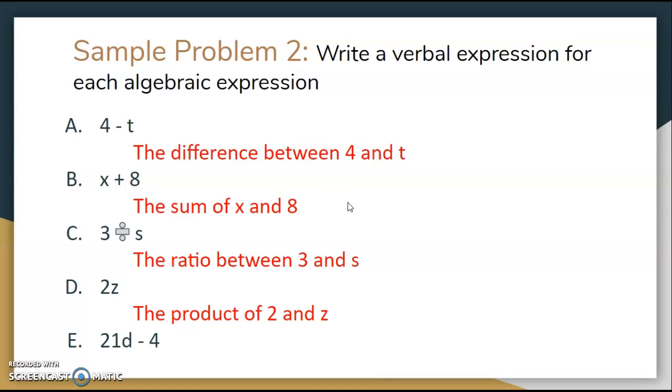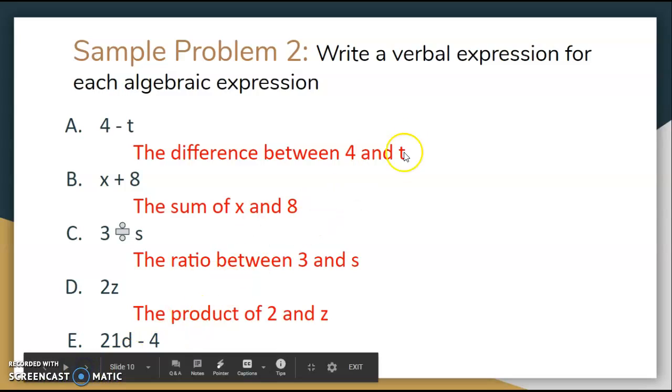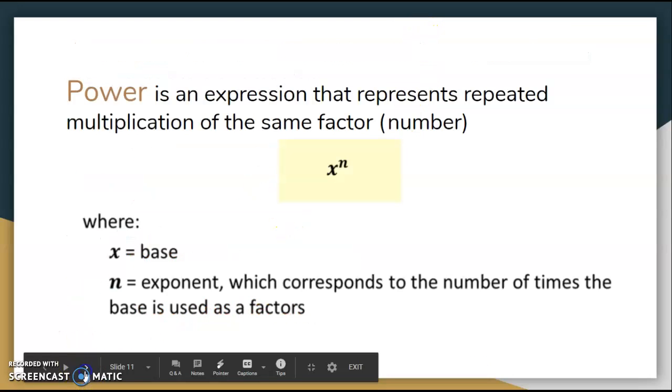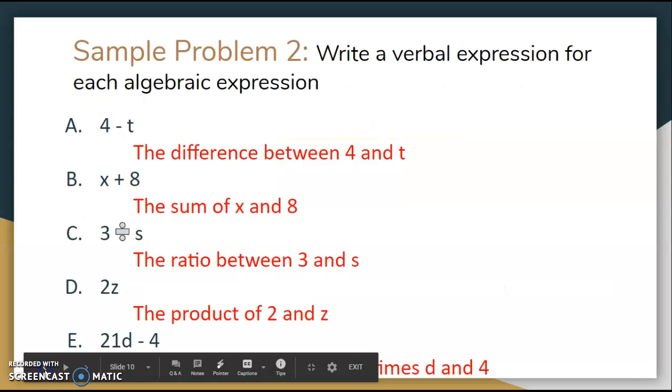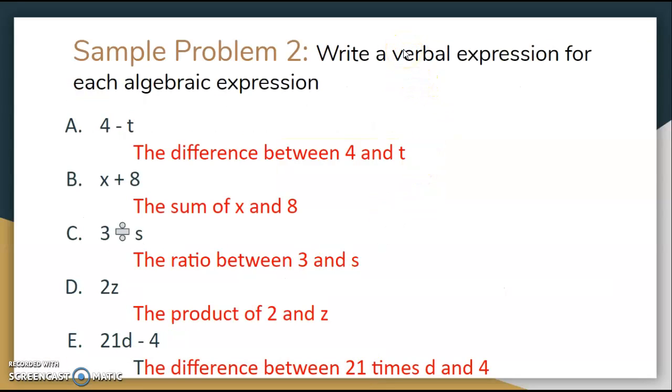21d minus 4, or 21 times d minus 4. The difference between 21 times d and 4. So again, in order of operations, you do multiplication first before you do subtraction.